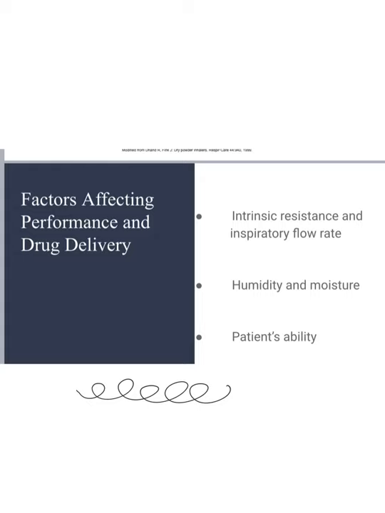Humidity and moisture. We don't want them to blow into it, because if they blow into it first, it's going to create humidity at the mouthpiece, and this powder is going to absorb that moisture and clump, and it's not going to work properly. And then patient's ability: they need to be able to generate the flow, and they need to be able to follow directions.